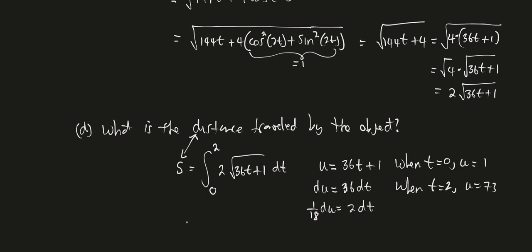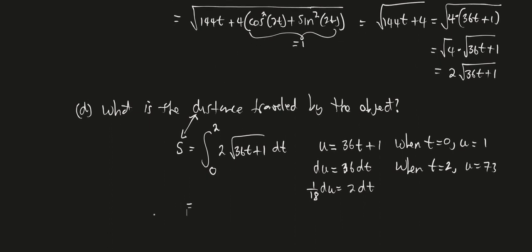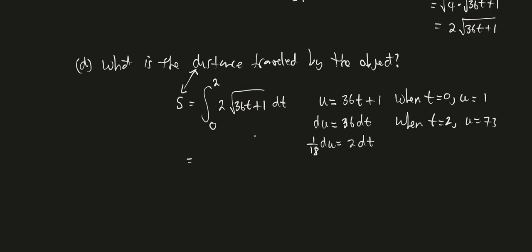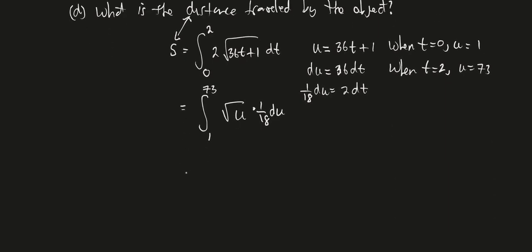So now I've completely transformed this definite integral to an integral with respect to u instead of t. So my limits are 1 to 73. The 2 dt becomes 1/18 du, and then I have the square root of u right there. So let's factor out the 1 over 18.